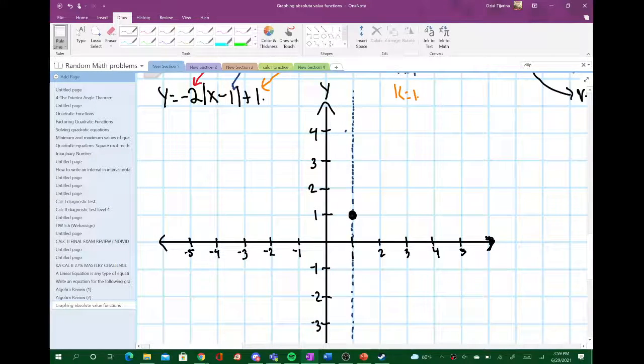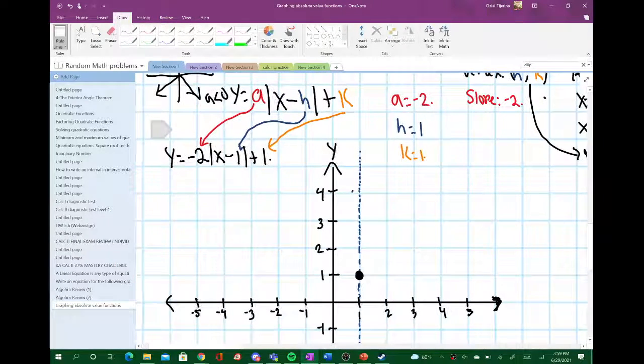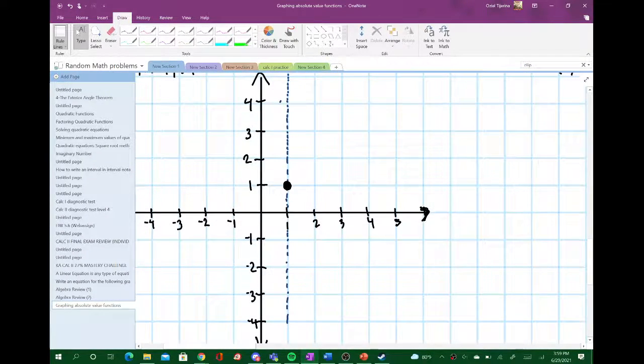Now you're going to follow your slope, but you're going to do it on one side of this dashed line. The slope we said was -2, that's rise over run. So you're going to go down 2 and to the right 1, again and again.